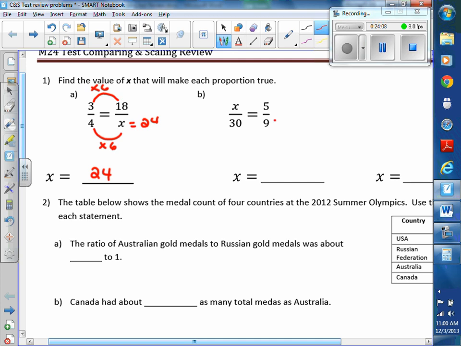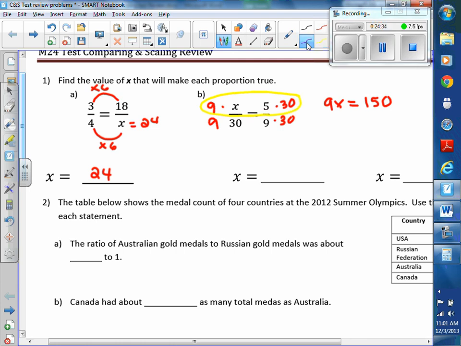So you could multiply this by 30 and this by 9. Right? That's one way. So if the denominators are the same, we really just need to go 9 times something is equal to 150, right? See where I'm getting that from?